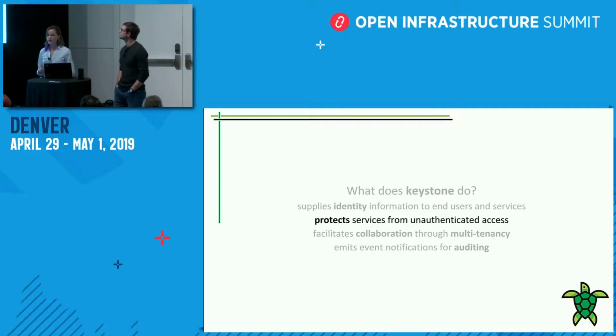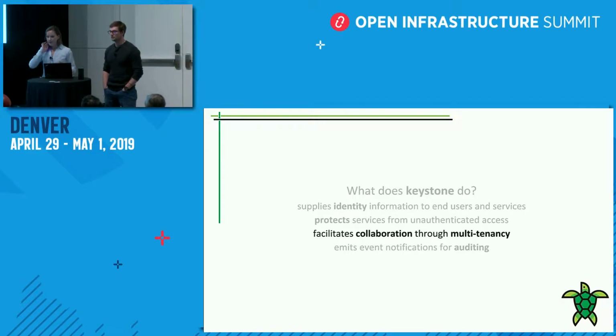We have this middleware layer, and that's what services use to make sure that no unauthenticated users are trying to access it, and make sure that those users get redirected to Keystone so that they can properly authenticate and get authorization.